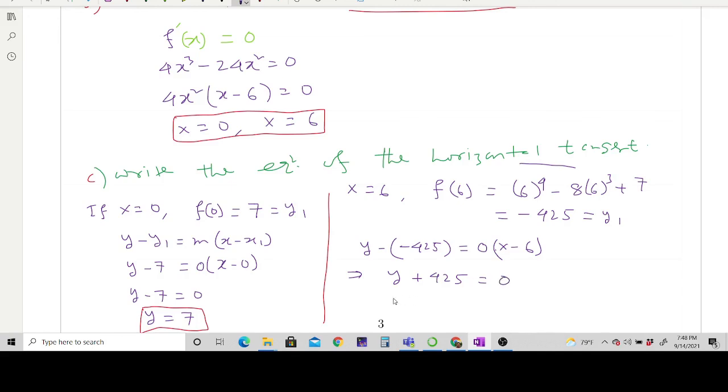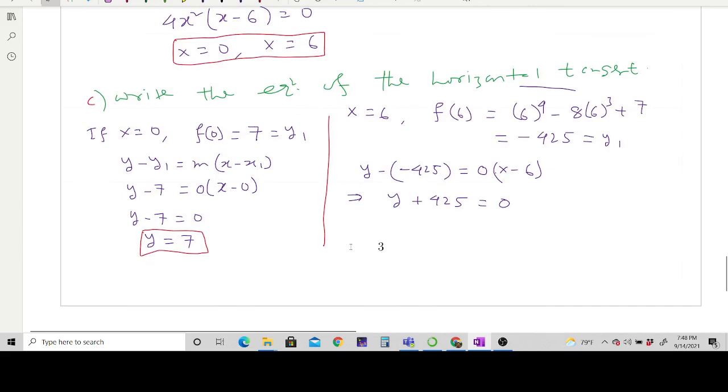So y equals negative 425. So y equals some constant, which is also parallel to the x-axis. So this is another tangent line which is horizontal.